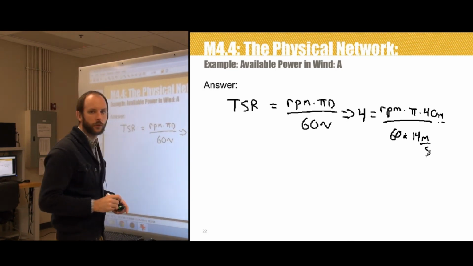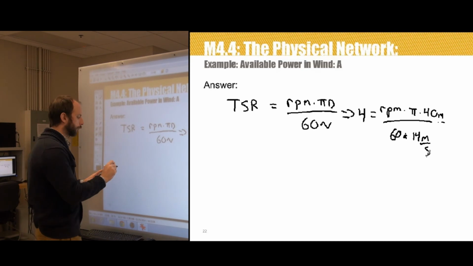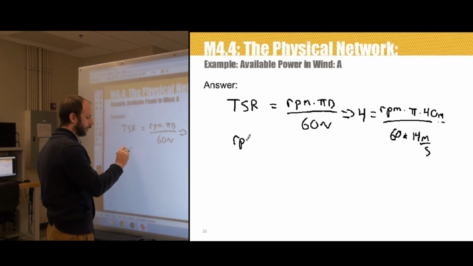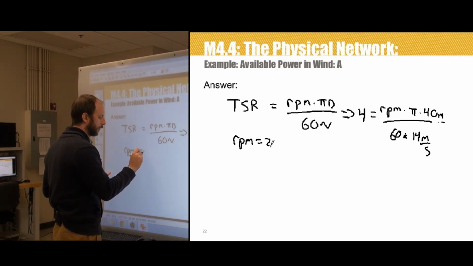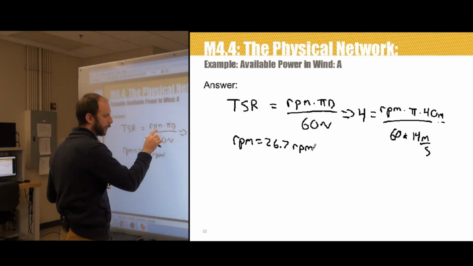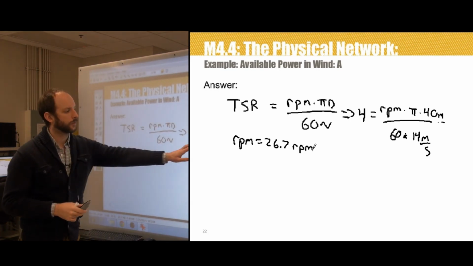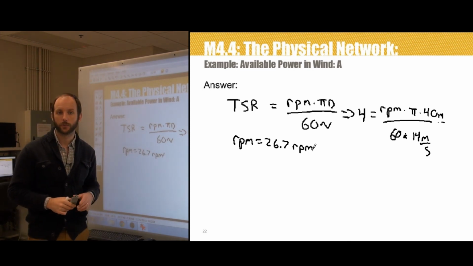That gives us an RPM of 26.7 rotations per minute. The conversion is built into this formula.